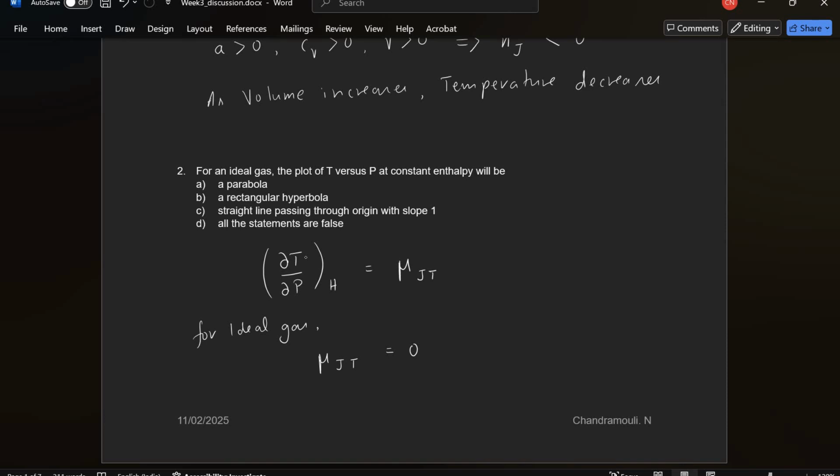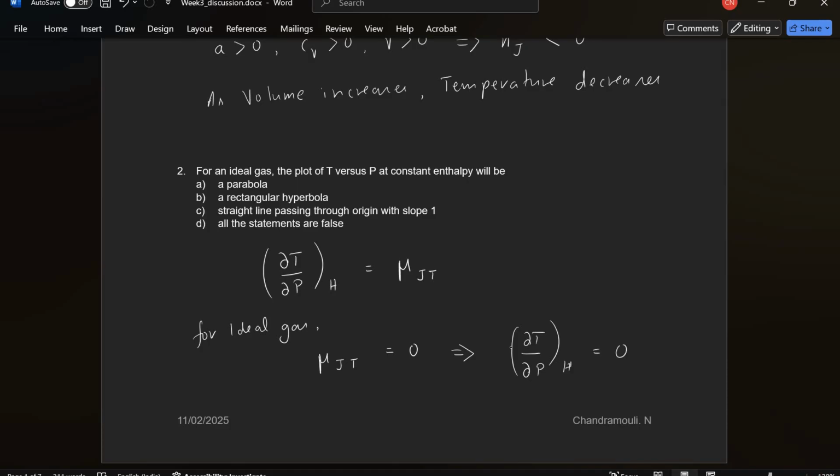So, which implies that the slope, which is basically delta T by delta P at constant H, is going to be 0.